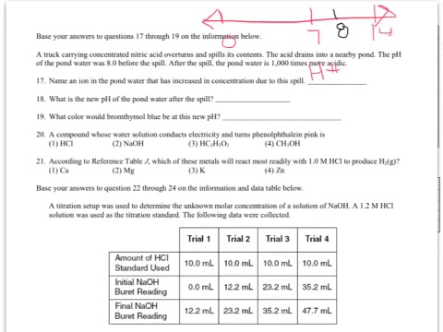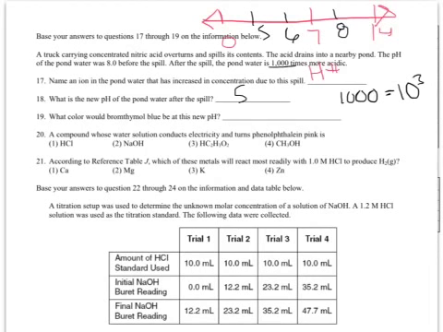And so the reading tells us that the solution was 1,000 times more acidic. Now 1,000 is the same thing as 10 to the third power. So we're going to need to move 3 units of pH. So that goes from 8 to 7 to 6 to 5. So the new pH is going to be 5.